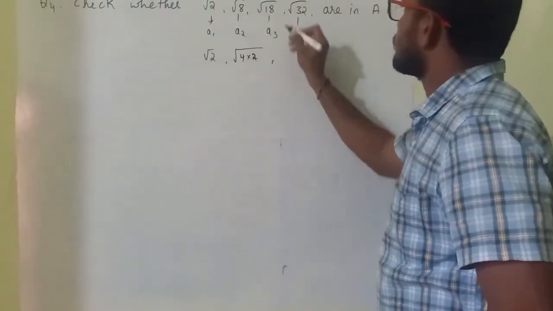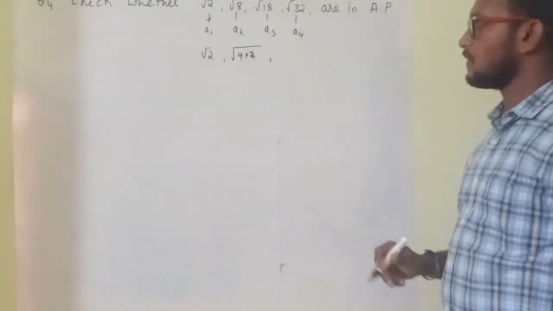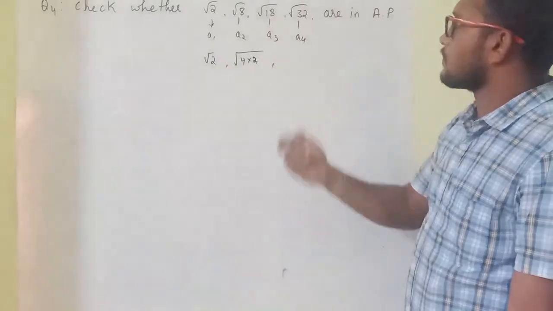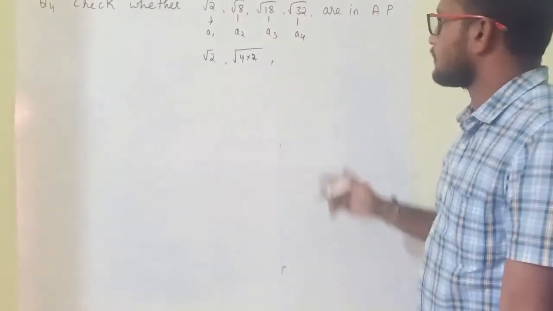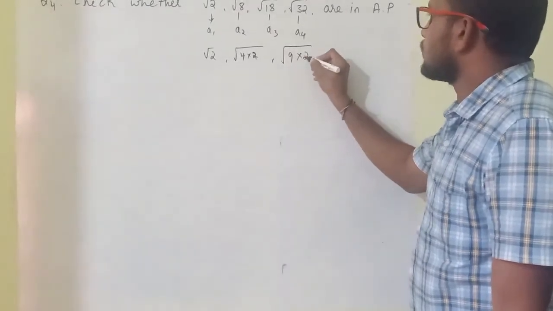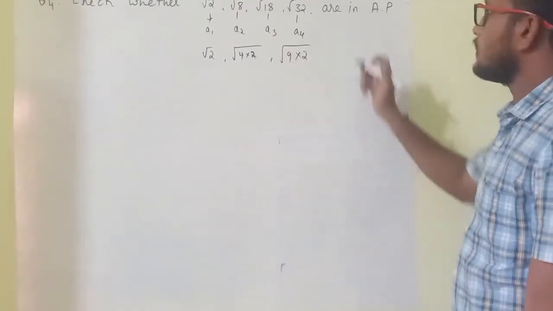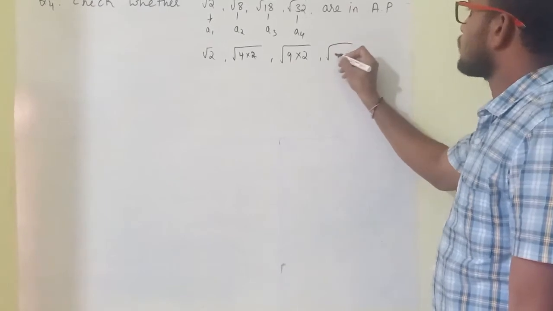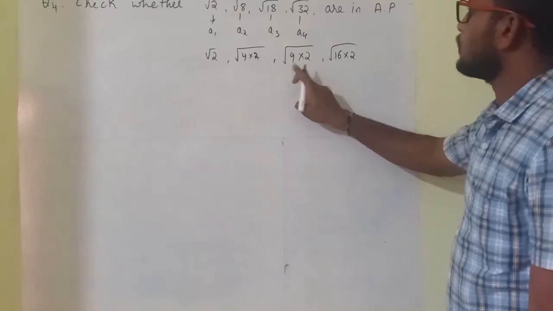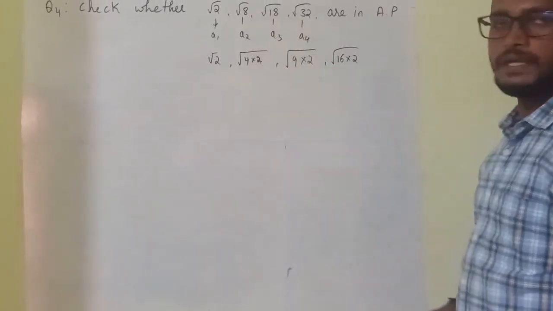Let it continue with root 18. Your mind might be predicting which square number is hidden inside root 18. Yes, the answer is 9 into 2. The square number is 9. Root 32 could be 16 into 2. So 16 times 2 is 32, 9 times 2 is 18 and 4 times 2 is 8.